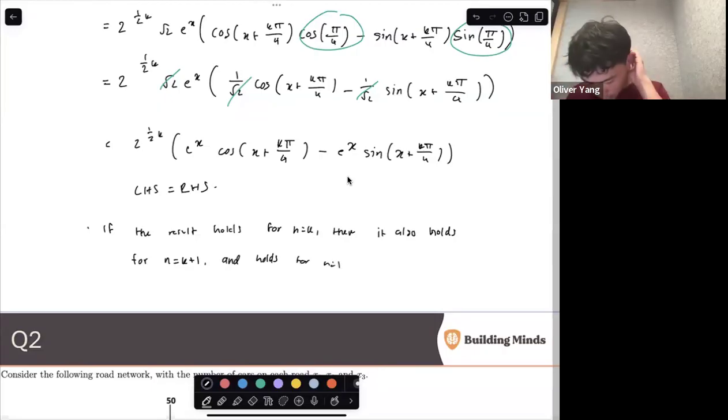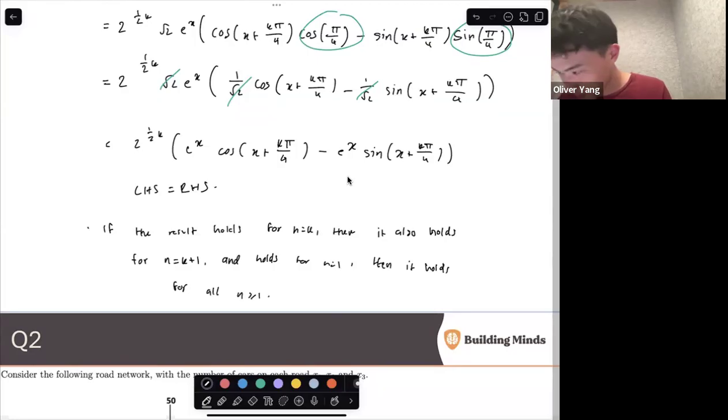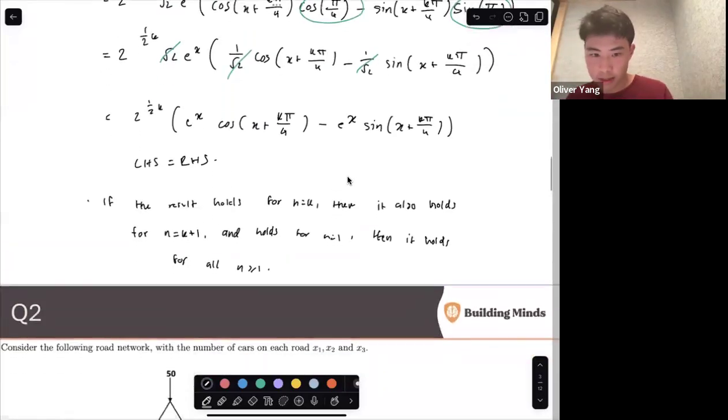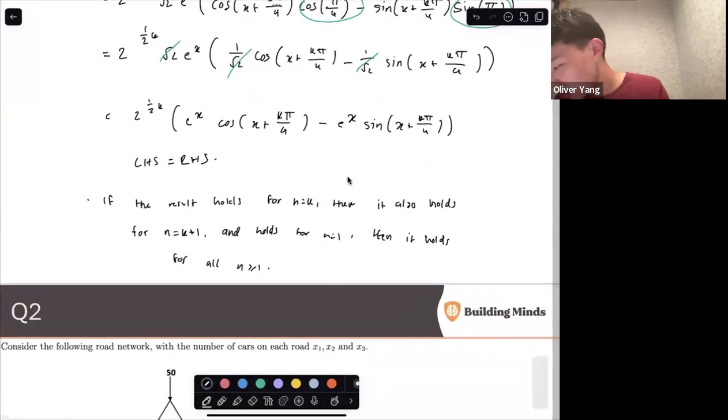And if it holds for n equals 1, then it holds for all n greater than or equal to 1. Okay, and then therefore, proven by induction, right?